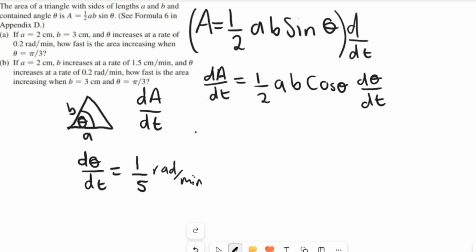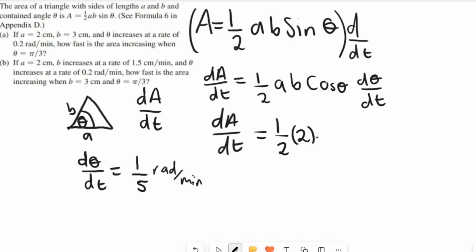How do we find it? We just plug everything in. Everything is given in the statement of part A. We just have to put everything in and find that dA/dt is the same as 1 over 2. We put A as 2. Like I said, putting in the units doesn't matter.